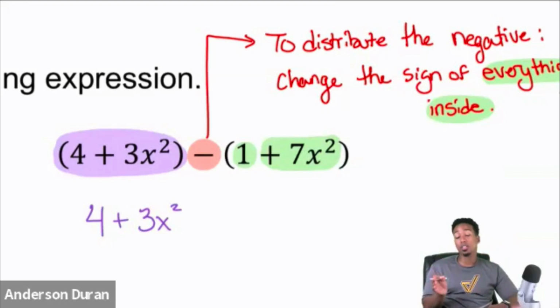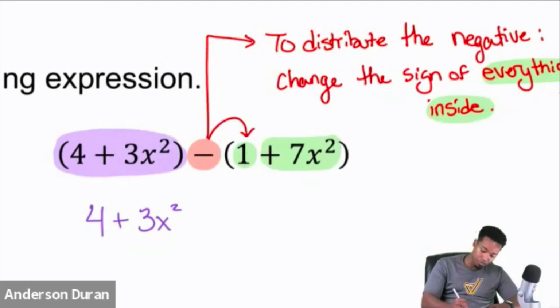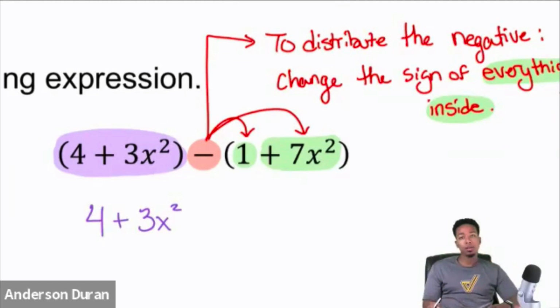Now, here's the thing on the other end, though. On the other end, we have a negative in front of here. So remember how I said that if there's something on the outside, you multiply with everything on the inside? This is really what's happening. And when you're multiplying by a negative, all you do is change the sign. So to break this up, just change the sign of everything inside. That is currently a positive 1.